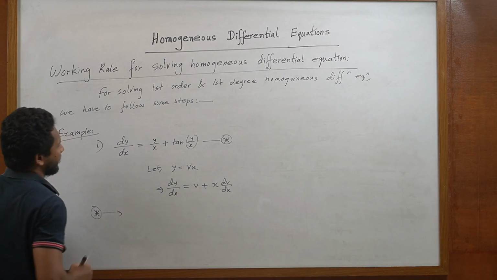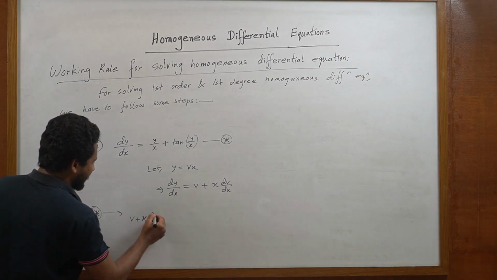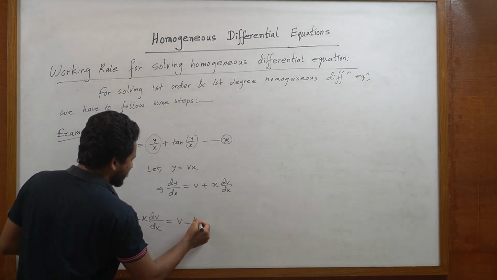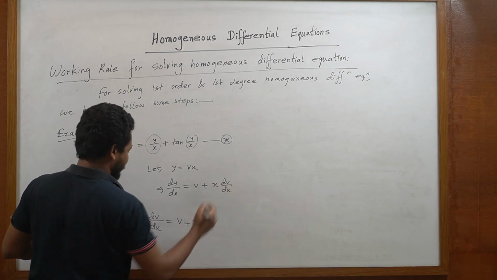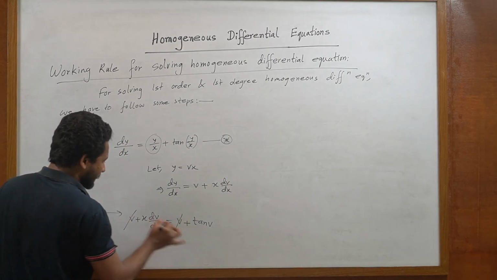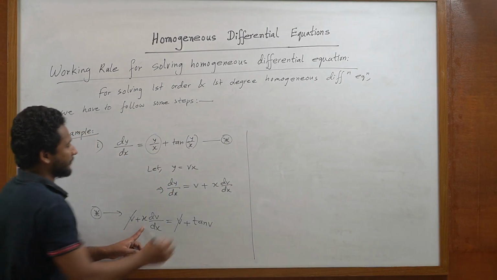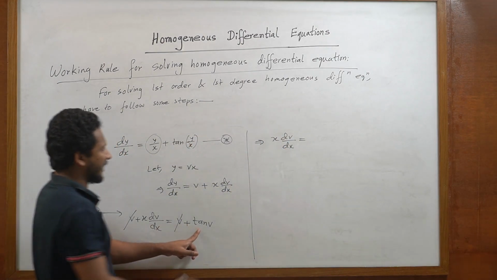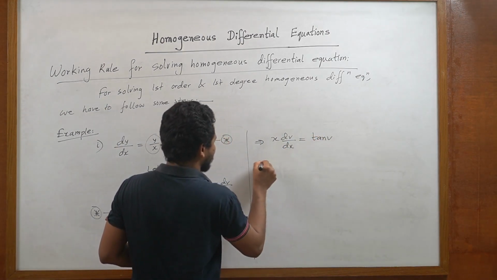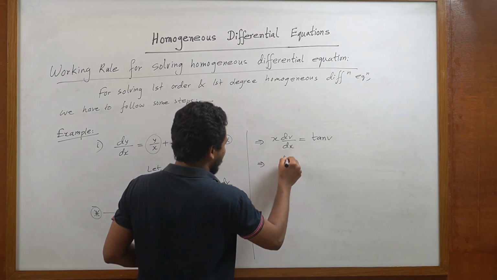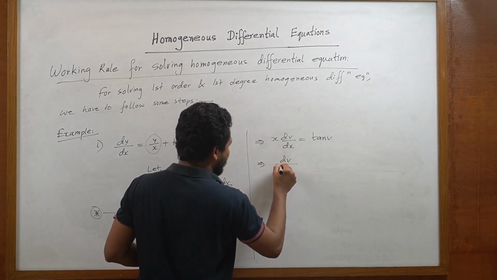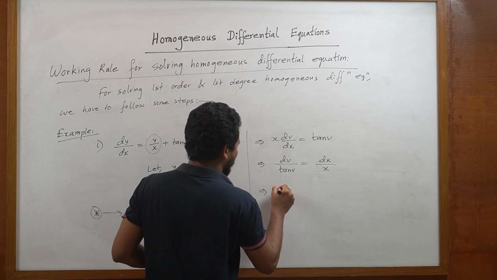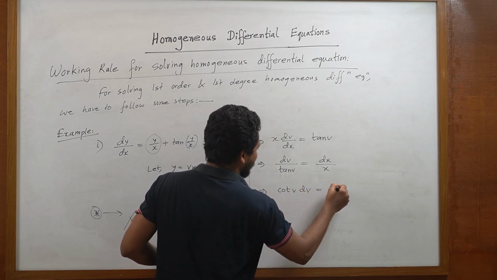The star equation should be v plus x dv/dx equals y by x is v, plus tan y by x is v. V is removed. Now we get x dv/dx equals tan v. So separation of variable, we will apply dv by tan v equals dx by x. Cot v dv equals dx by x.